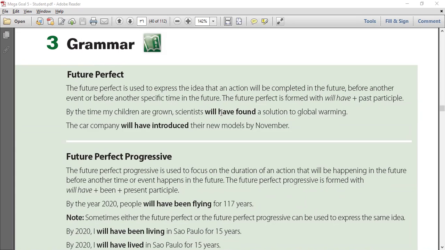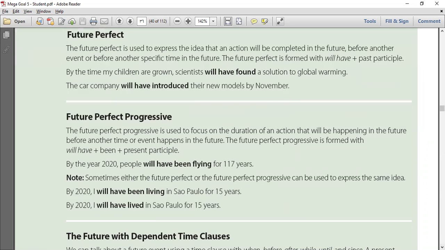They didn't happen yet. But when there is an event that's going to happen in the future, another event will be completed. The future perfect progressive: will have been, and then the present participle, sorry, it's going to be verb with ing.